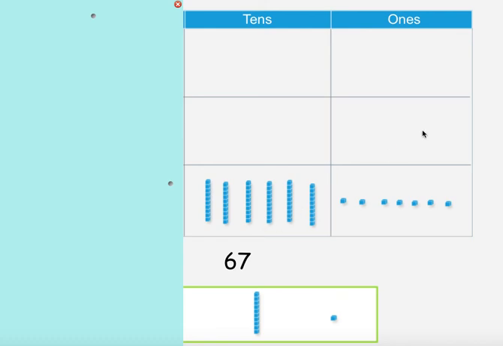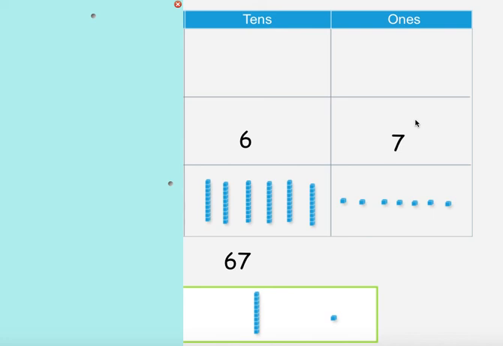But let's move on to writing in our numbers. How many 1s do we have? That's right, we have 7 1s. And how many 10s do we have? 6 10s.